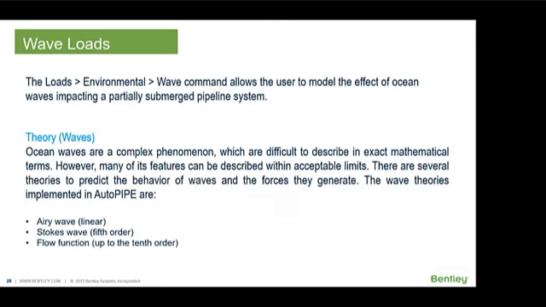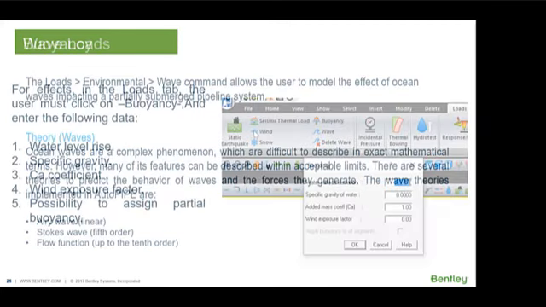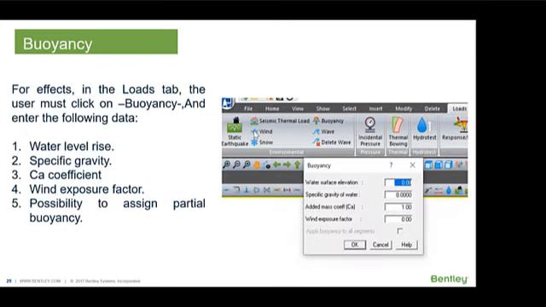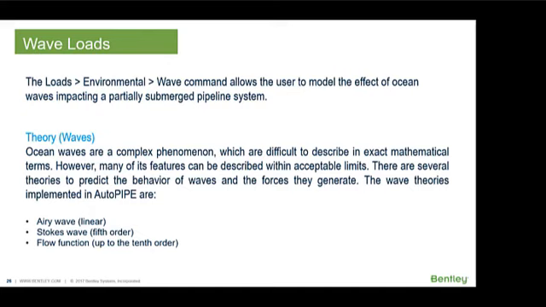Regarding waves, we are not talking about buoyancy anymore, okay? Regarding waves, you go to loads, environment, and the waves command. But in theory, you can develop more or research more. We have different types of waves. Three are the most important that we have in AutoPIPE: Airy, Stokes, and stream function.